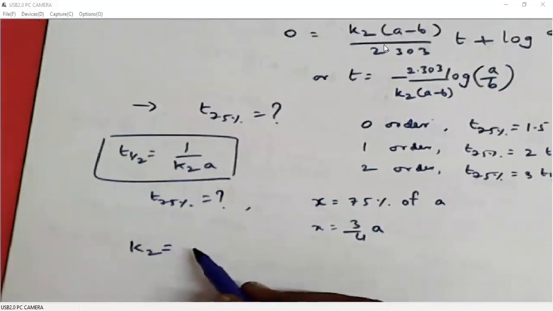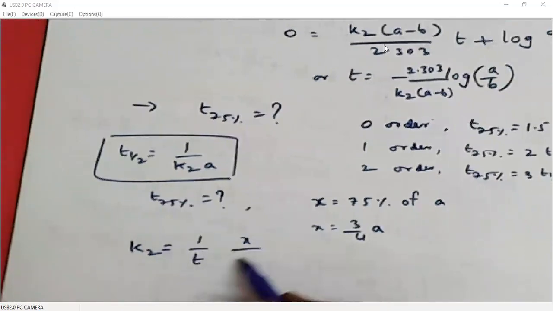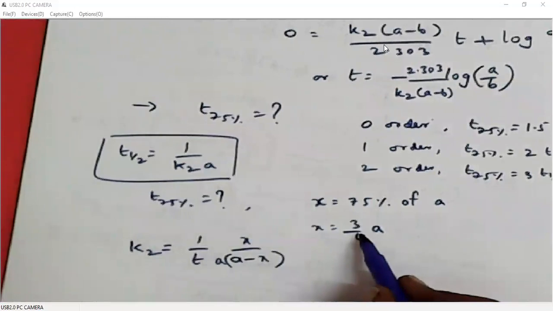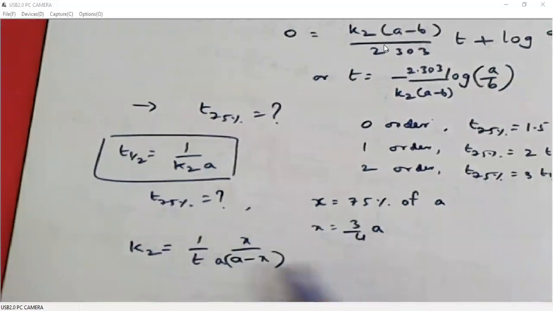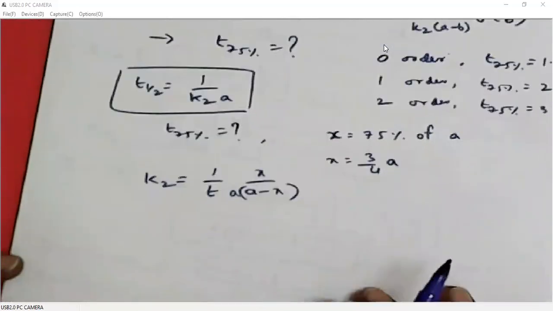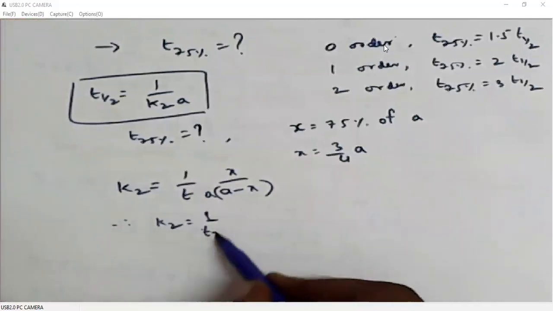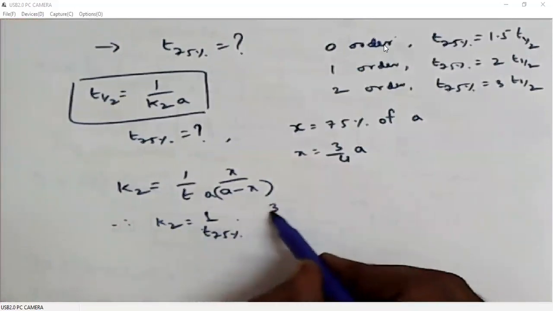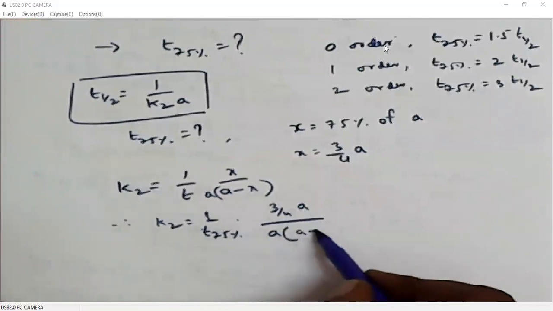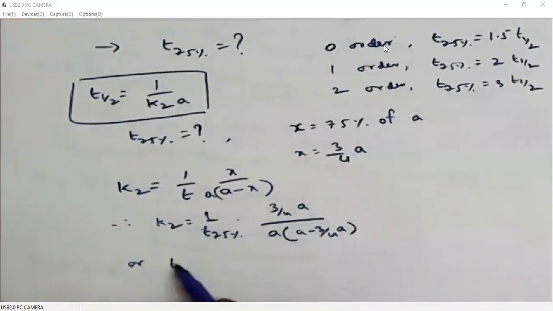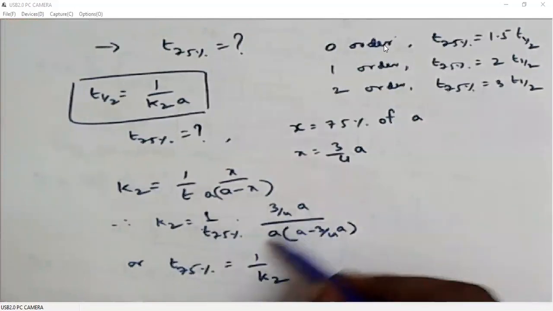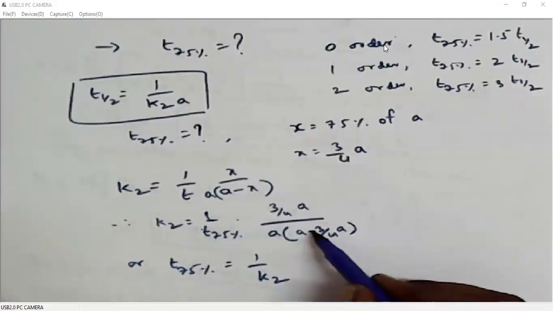When we have two same concentration terms, K2 is equal to 1 by T into X by A into A minus X. Now we will substitute the X value 3 by 4 of A in this expression, and we will substitute T 75% in place of T. Therefore, K2 is equal to 1 by T 75% into 3 by 4 of A by A into A minus 3 by 4 of A. Now this expression is for T 75%, so we will rearrange it. 1 by K2 into A will get cancelled. 1 minus 3 by 4 is 1 by 4.